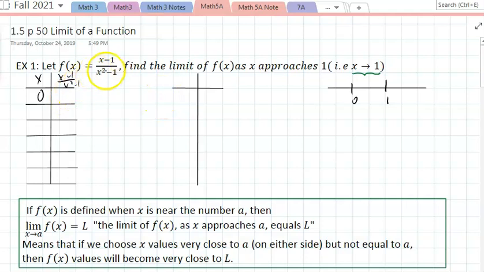Since I'm going to be plugging a lot of values into that function, I want to show you a trick that you could use in a calculator. If you put 0, you should get f of 0 equals 0 minus 1 over 0 squared minus 1. That is negative 1 over negative 1, which is 1.